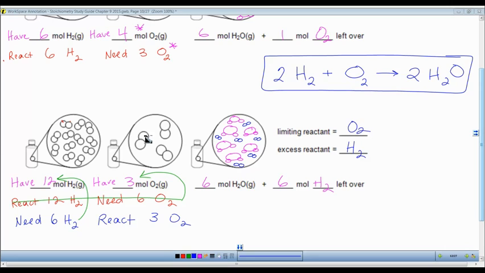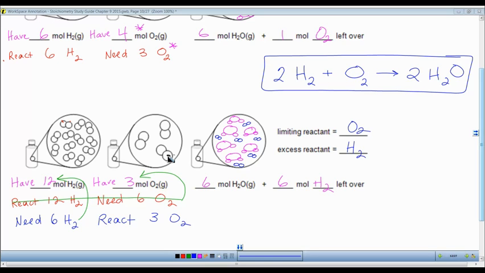Initially, there's really 6 atoms of oxygen, organized as 3 diatomic molecules. All 6 oxygen atoms are still present on the product side. They're just in a little different form. The excess reactant is the 6 hydrogen molecules that really are just left unreacted.